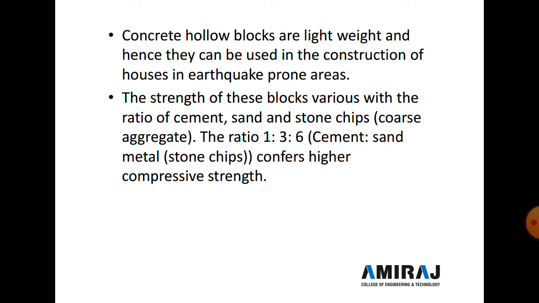Like here, the ratio is 1:3:6. So what is 1:3:6? One part of the cement, three parts of the sand, and six parts of the stone chips or quarry dust. And after mixing these three materials, we add the water, and we get a higher compressive strength block material.